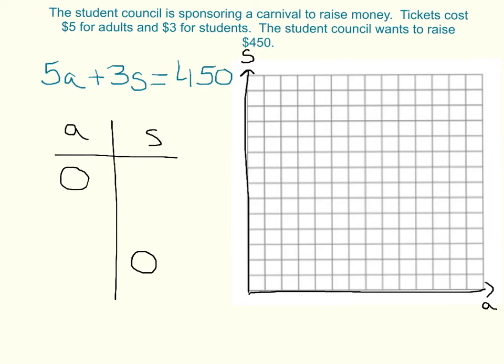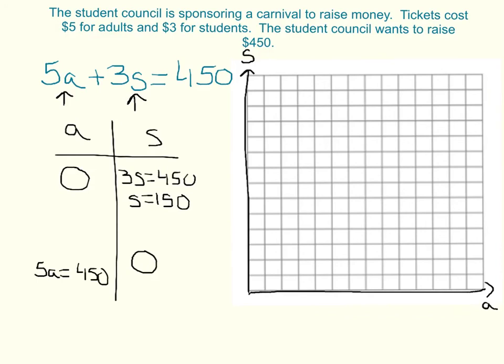So in other words, if you plug in 0 here, you're left with 3s equals 450, which means that s equals 150. So that is one of our y-intercepts. And then considering the other way, if you plug in 0 for s, you'll be left with 5a equals 450.